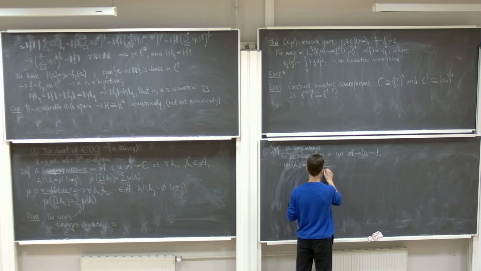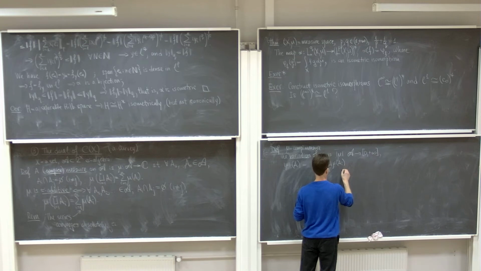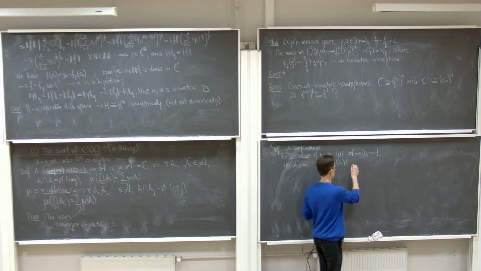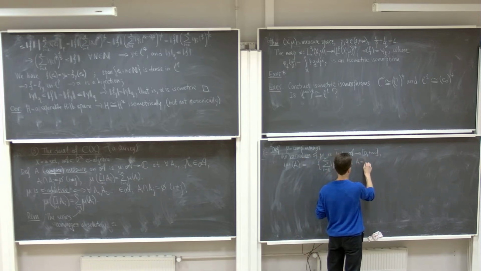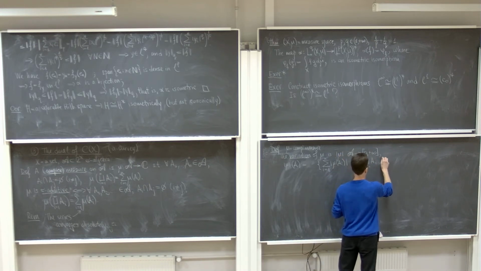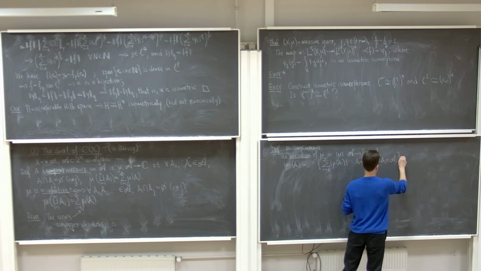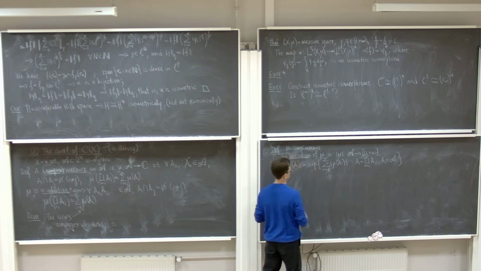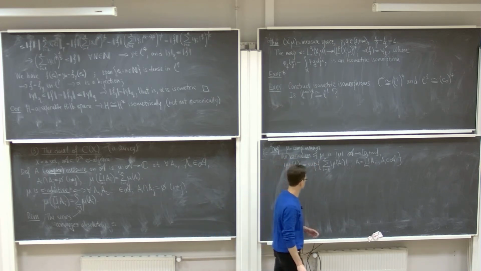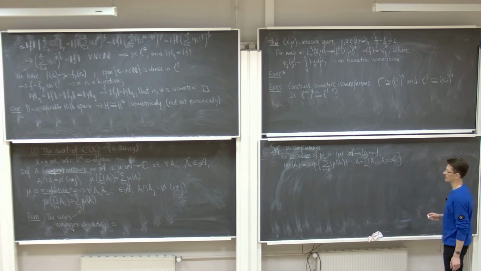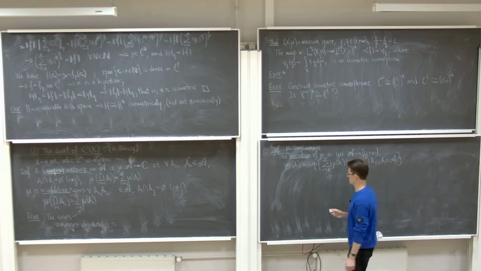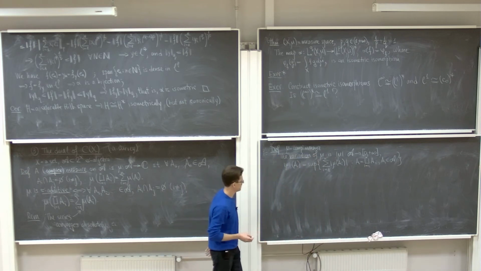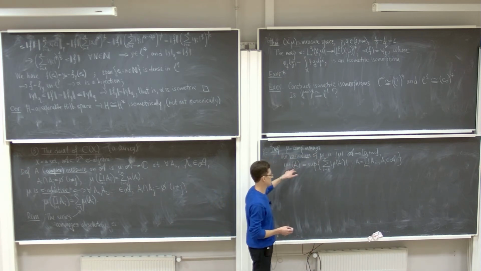For each such partition, we consider the following sum, where A_i is a finite partition of A. And finally, we take the supremum over all such partitions. So this is a non-negative function, but in general this number can be equal to infinity.